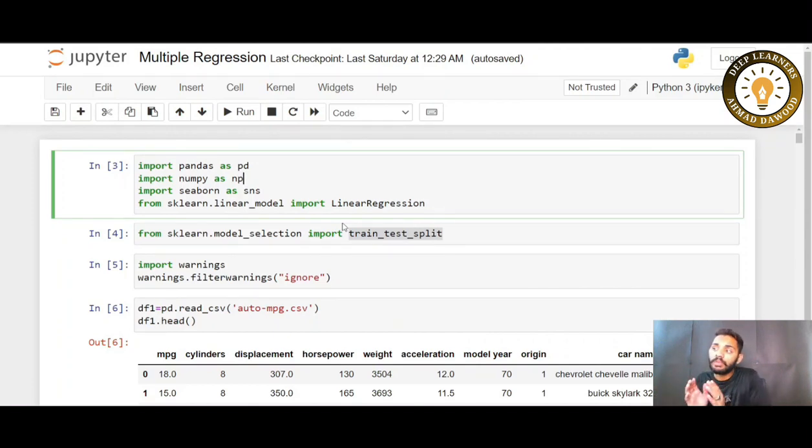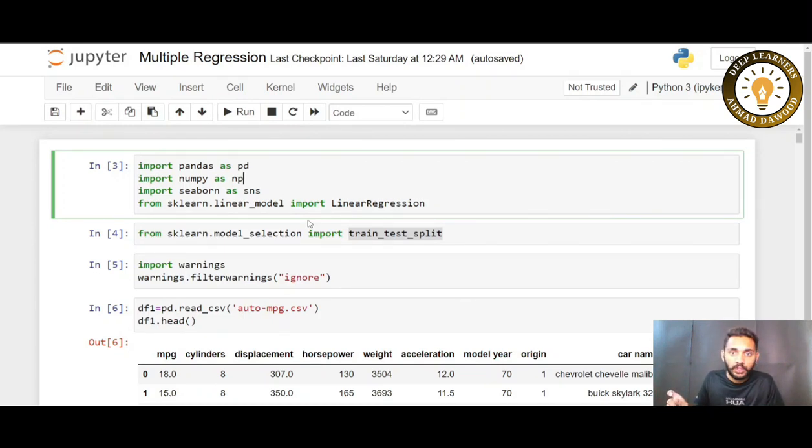Linear regression is just a concept where we are using a linear model. Multiple regression is the same as linear regression. In the last coding sessions we were dealing with just one independent variable; in this session we will deal with multiple independent variables, using the same module.